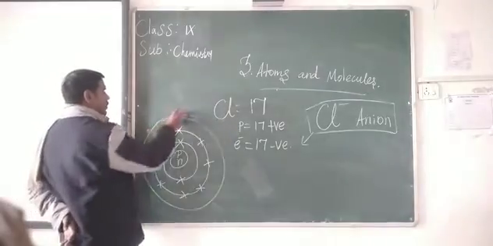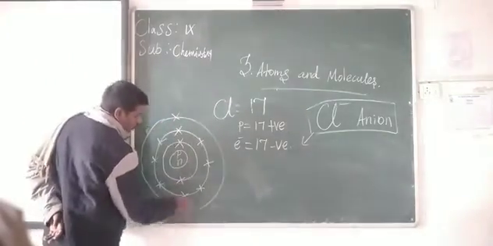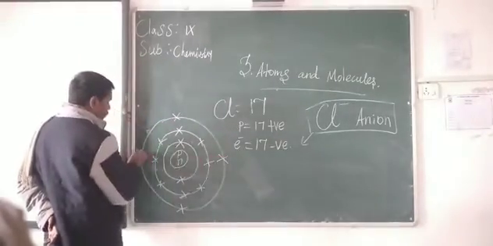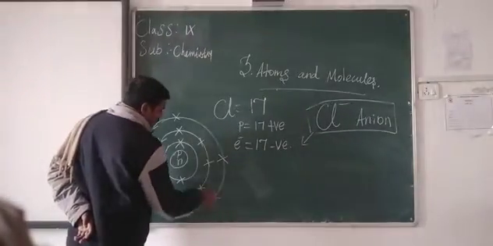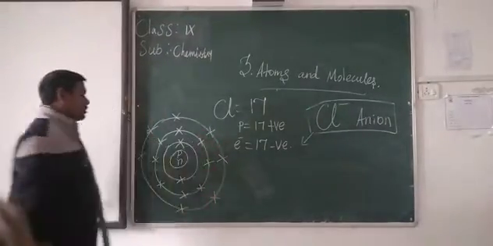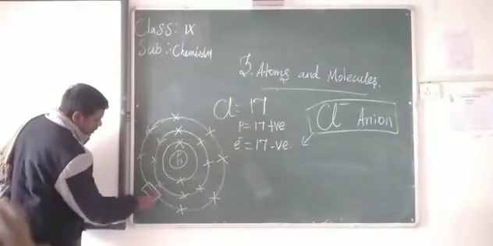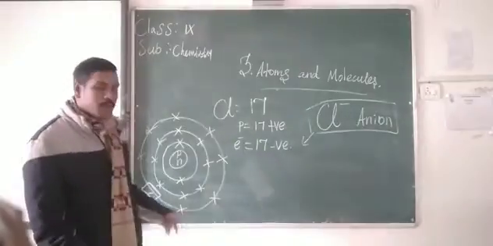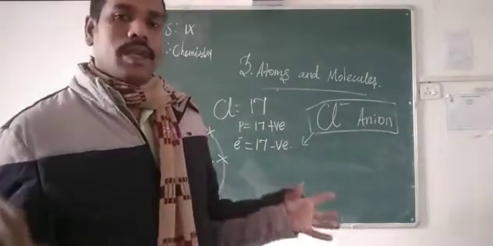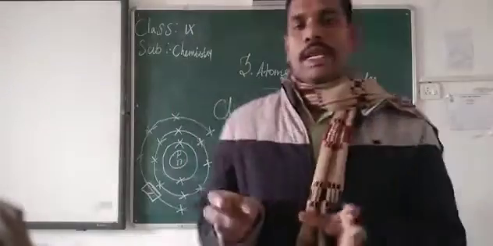Now we can fill 7: 1, 2, 3, 4, 5, 6, 7. So here one is missing.